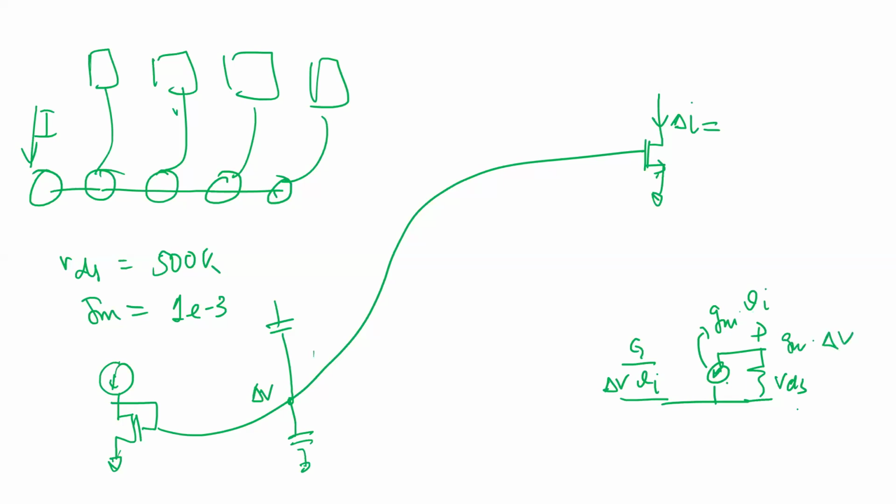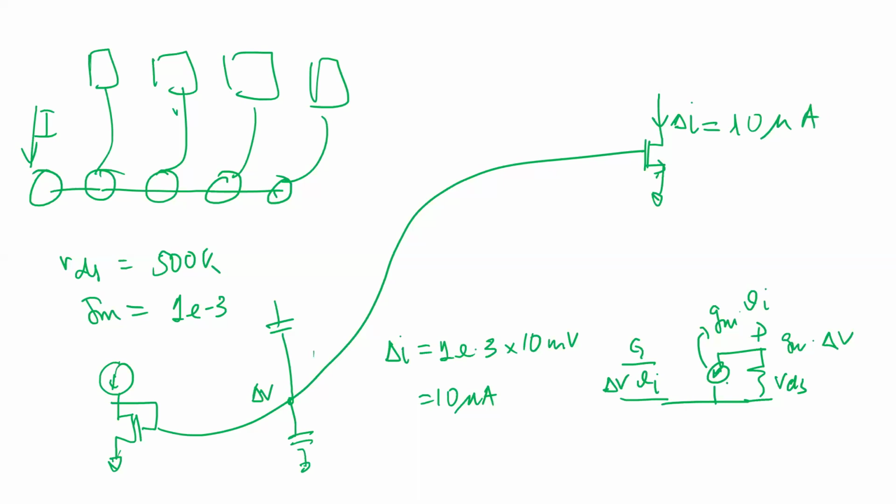So let's say delta V is 1 millivolt, right? Or 10 millivolts. Then what will be delta I? 1e minus 3 times 10 millivolts is equal to 10 microamps, right? So you'll have a 10 microamp noise on this node.